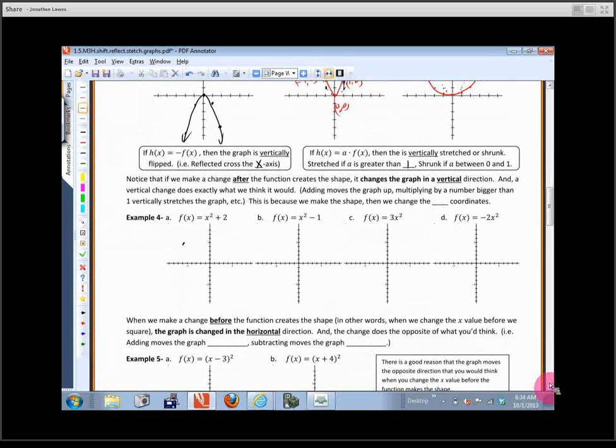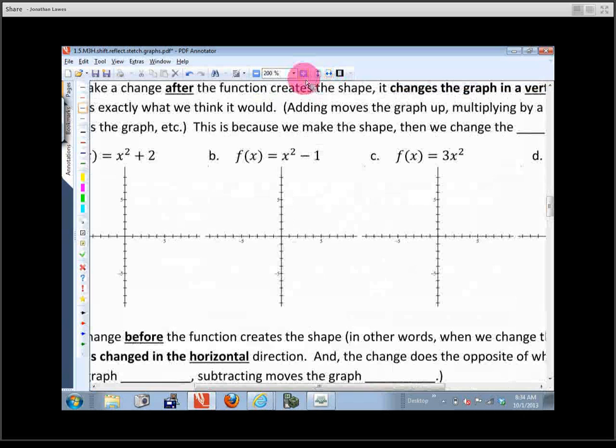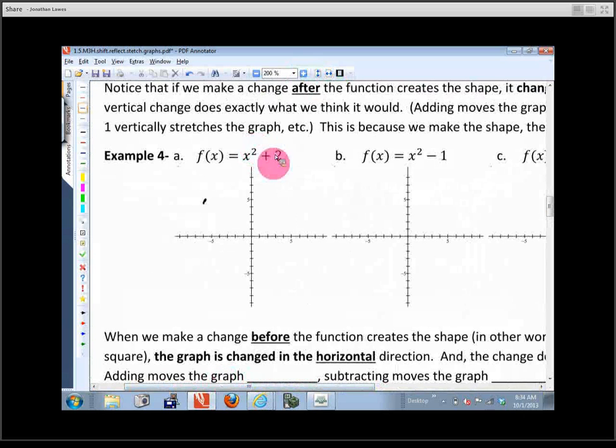So something that I want you to notice is this. If we think about when we made the change to the shape, let's take this one right here. What is this going to do to the graph? Up 2. So if I move it up 2, there's the vertex now. We haven't done anything else to the shape.